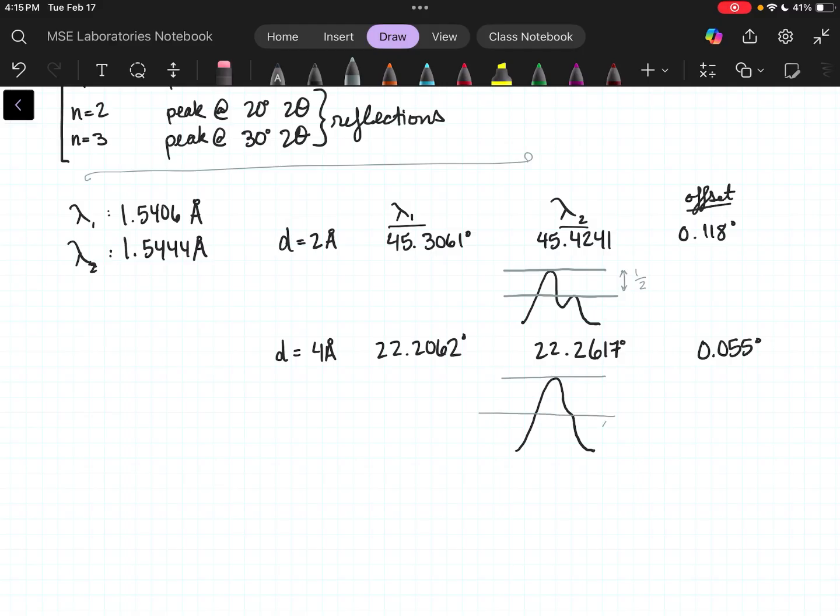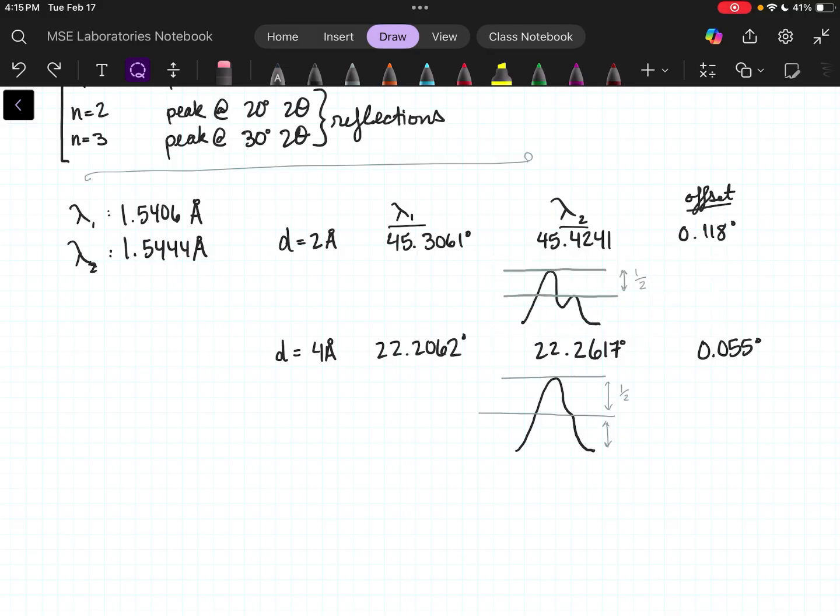This one is going to look like this. I've got the same thing where the height of one peak is about half. But this one is going to look more like a shoulder and less like an independent peak.